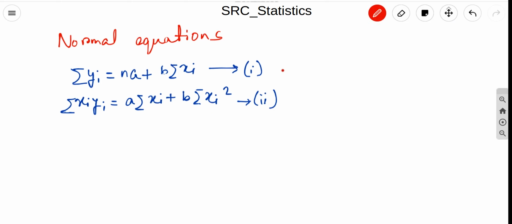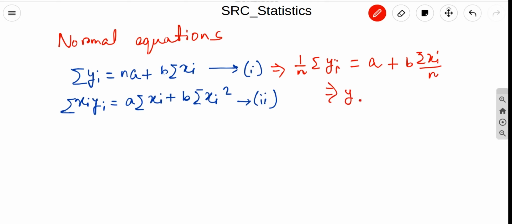Now, see equation number 1. If we divide both sides by n, what we get is 1 by n summation yi equals n a by n, so we are left with a, plus b into summation xi by n. What is 1 by n summation yi?